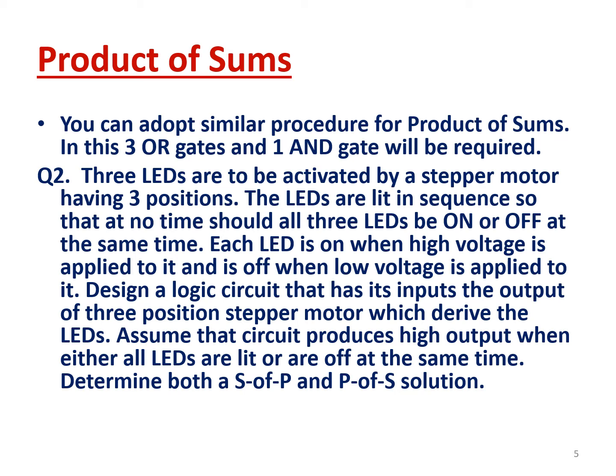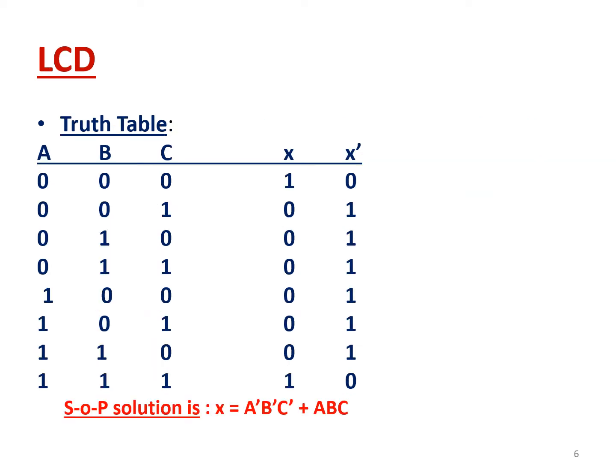And the second condition is that when all are on, the output is 1, and when all are off at the same time, the output is also 1. So determine both the SOP, that is sum of product, and product of sum solutions.